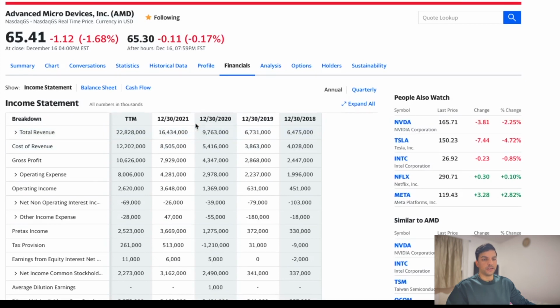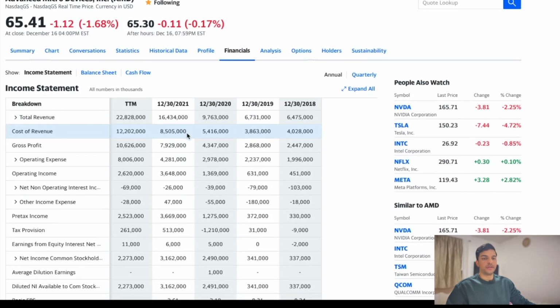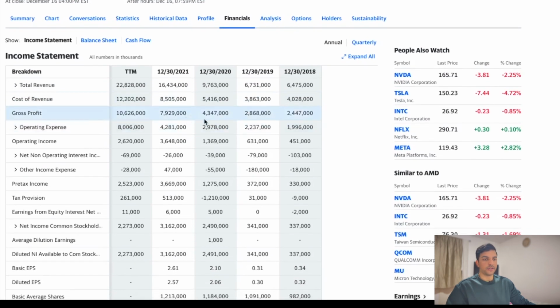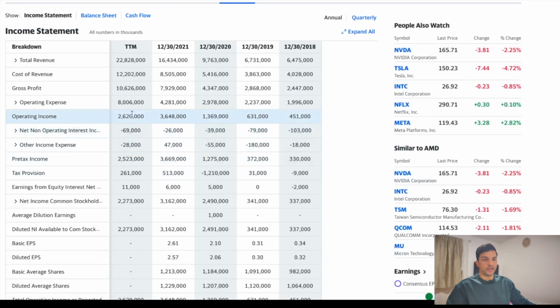As you can see, they have almost doubled their revenue in 2021. So this is a very good thing that the revenue of a company is increasing year over year, and also their gross profit is increasing, and most importantly, their operating income is also increasing very high year over year.